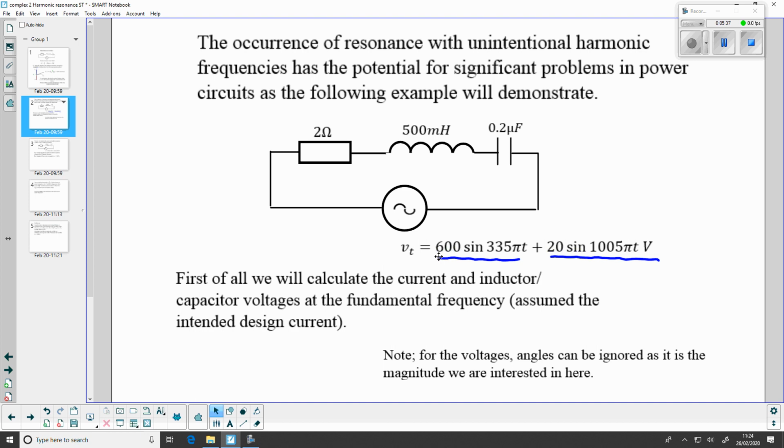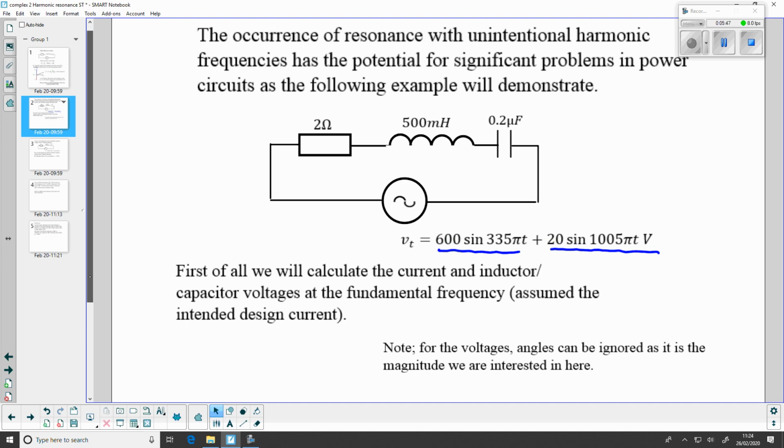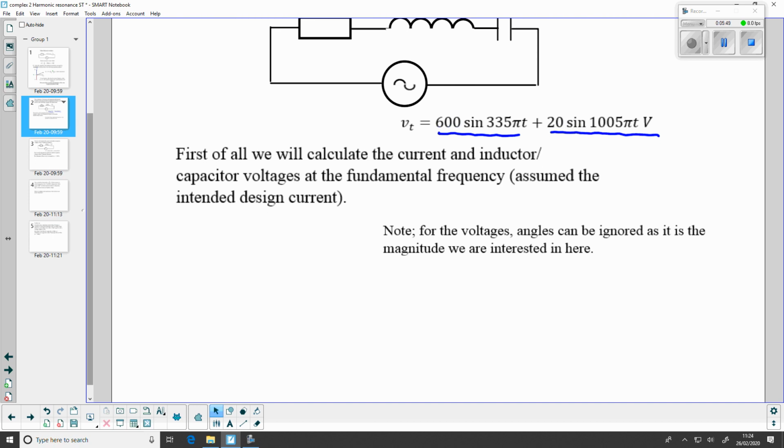The issue is how many volts it is, not how much current is flowing. Remember from our previous studies that we can consider the fundamental and the third harmonic separately, and the total current and everything would be those two added together.